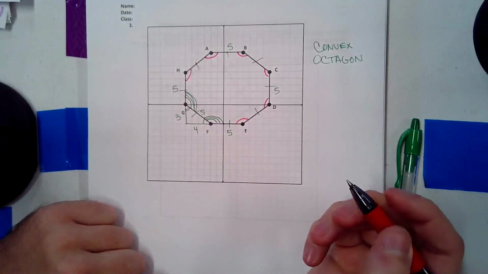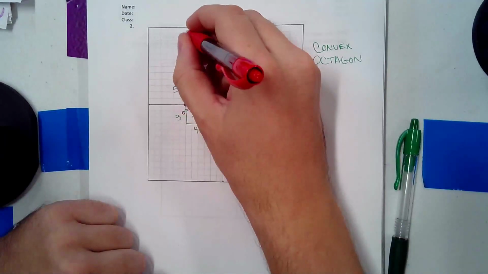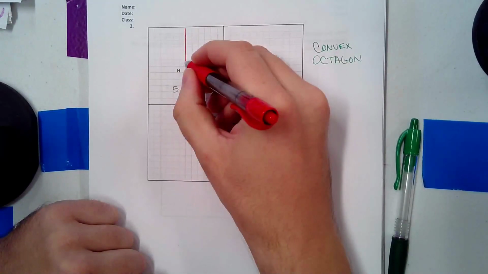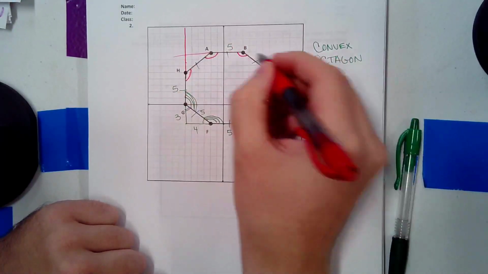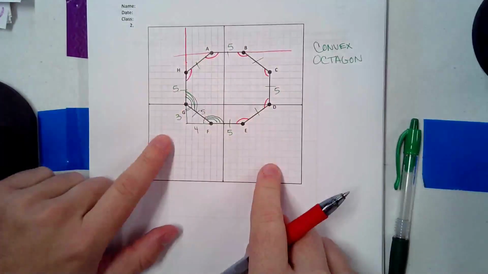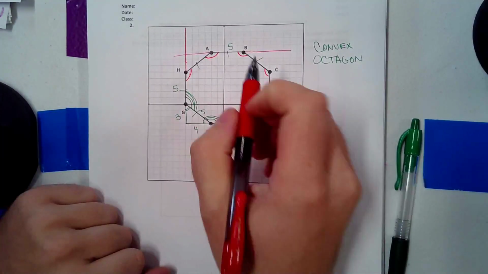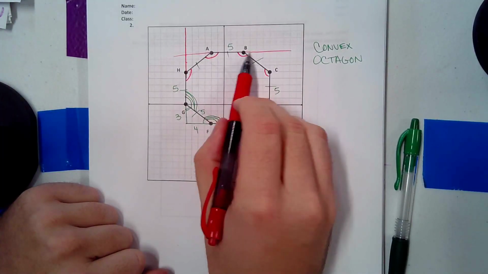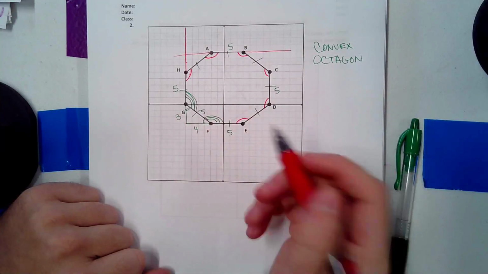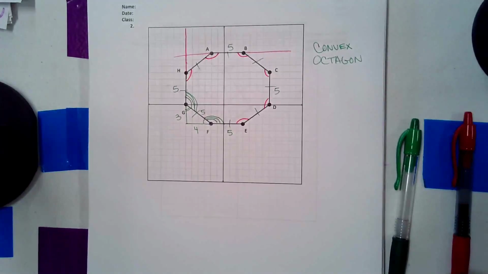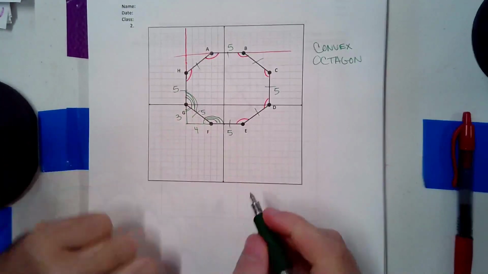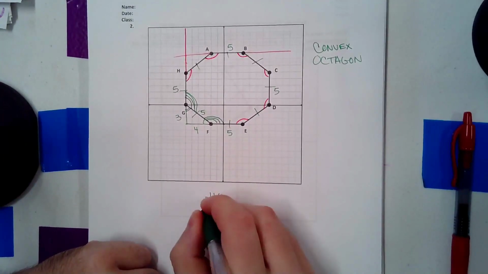Now, none of these are bigger than 180. Because if it was, like here, right, that's 180. That's smaller. That's 180. That's smaller. That's 180. You see how I'm extending these and why that connects back, right? If we extend those out and we have bigger than 180, then they're going to end up going inside the figure, right? So this right here is a convex octagon with perimeter 5 times 8, which is 40.